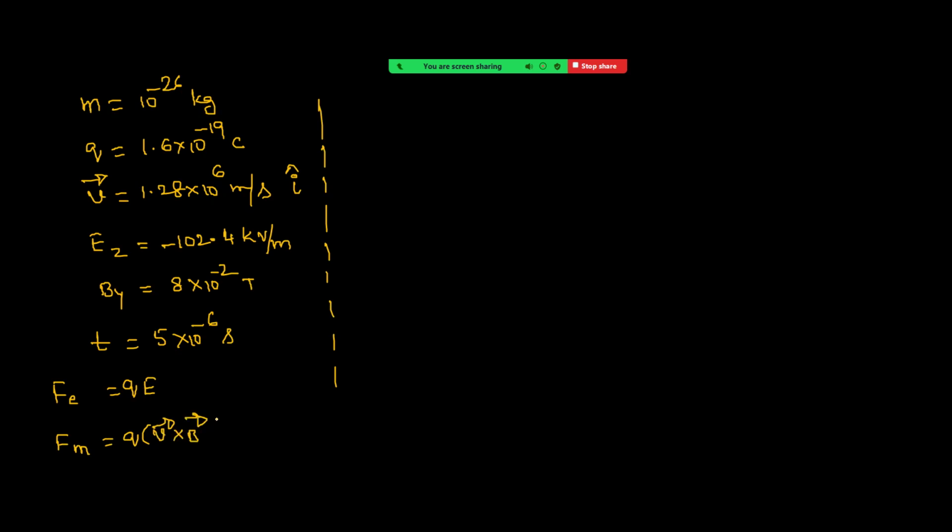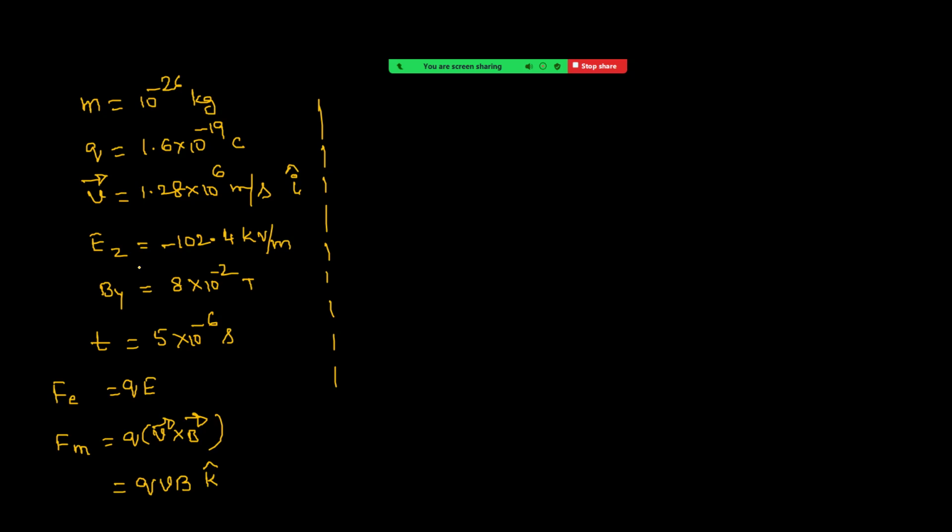You can see that the angle between the velocity vector and the magnetic field vector is 90. Velocity is along the positive x-axis, and the magnetic field along the positive y-axis. So the modulus value is qVB, and for the direction, this is i cap and this is j cap. i cap cross j cap is k cap. So the direction is k cap.